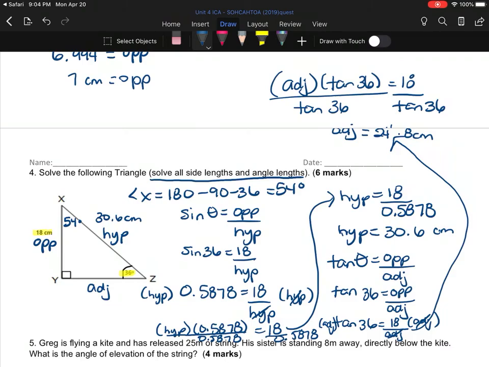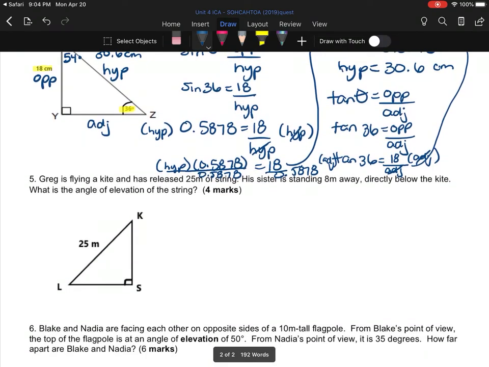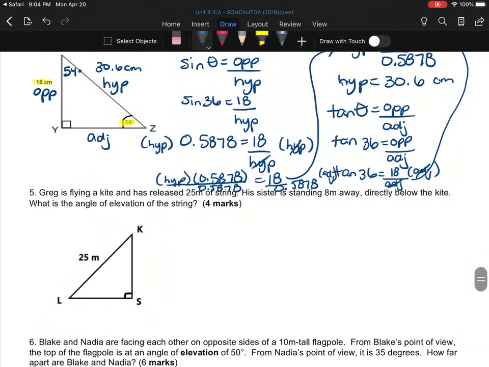Okay, and you get 24.8 centimeters. Now, if we had used 54 degrees, the angle X, we could have done tan 54, and then we wouldn't have had to solve for the bottom. So depending on the question, maybe you want to do one thing over the other, but not a big deal, okay?